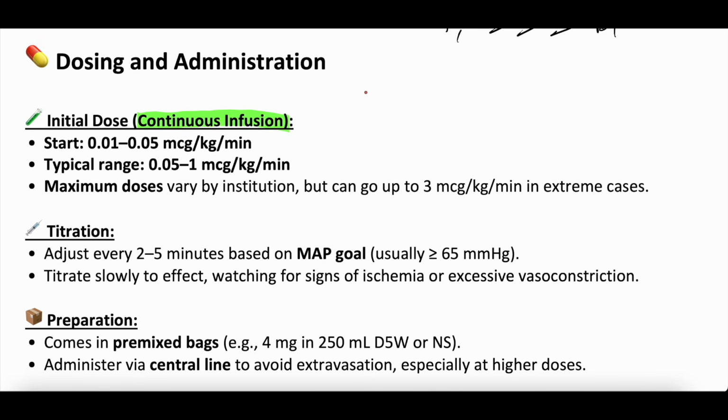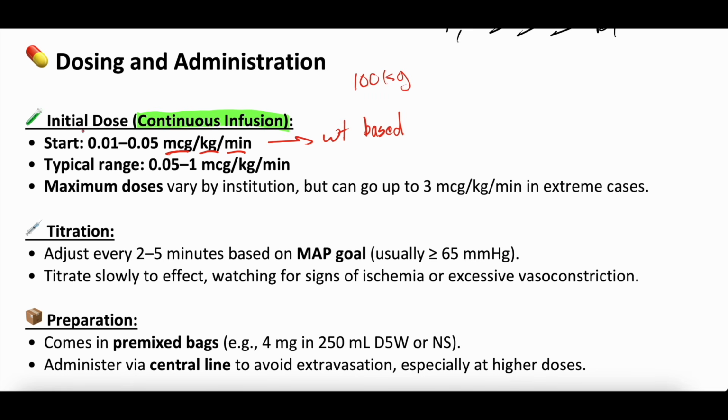We typically start it at 0.01 to 0.05, and this is the dosing in micrograms per kilogram per minute. So it is weight-based. Now, some institutions don't report it as weight-based. They'll take out the kilograms, and let's just say it's a 100 kilogram person.